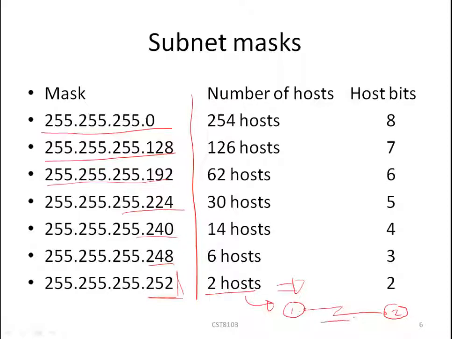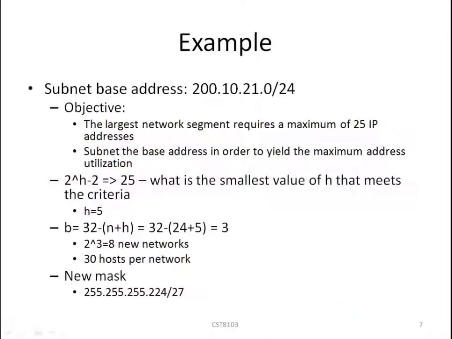Alright, let us look at another practical case, except this time we will put in practice the formulas that we've seen earlier. So here we have a base address of 210.21.0.0/24. Some of the criteria: the largest network segment requires a maximum of 25 IP addresses.